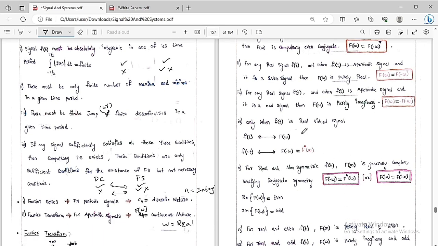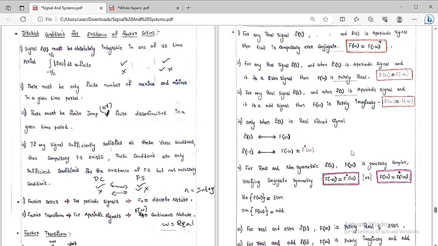Suppose only when f of t is a real valued signal, then what is going to happen? I have already told you, for f of t, the Fourier transform is f of omega, and for f of minus t, what is the Fourier transform? It becomes f of minus omega. One important point I have already told you: f of at has a Fourier transform which is 1 by mod a times f of omega by a.